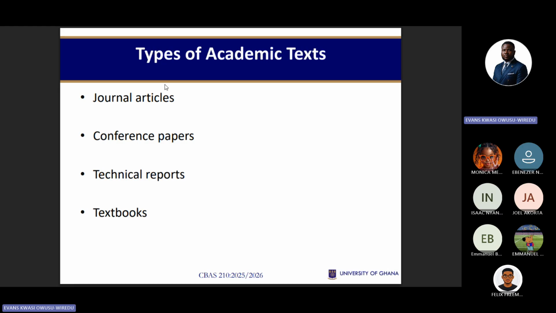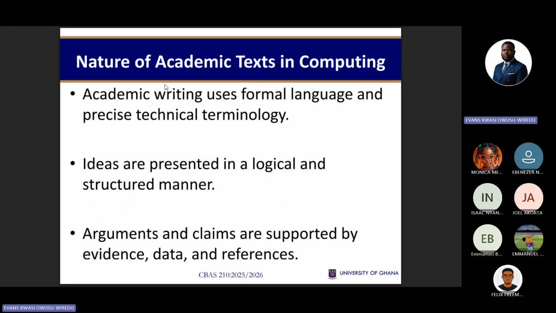And then we went on to talk about the nature of academic text in computing, right? We talked about academic writing being formal, having a formal way of showing itself, right? And then we also talked about the fact that it's composed of ideas, right?